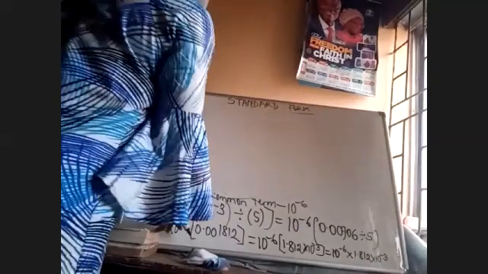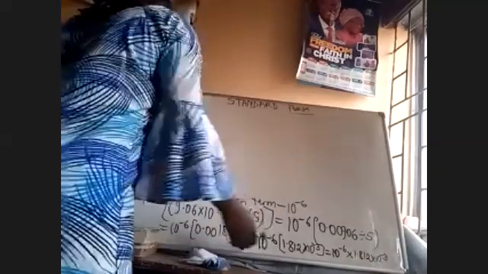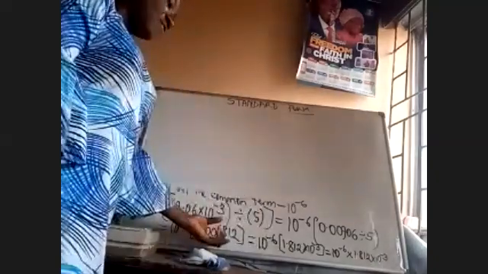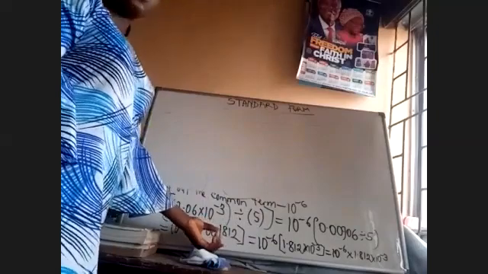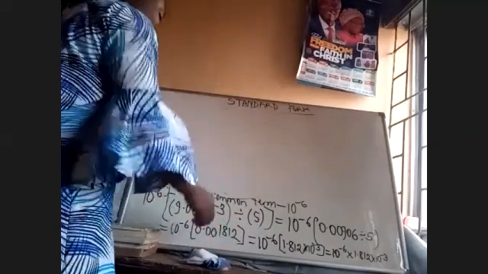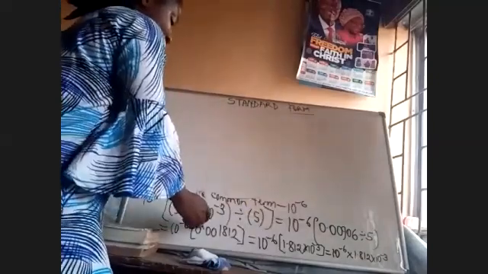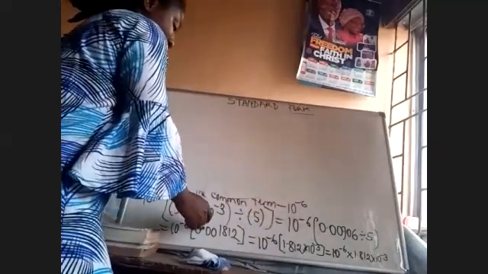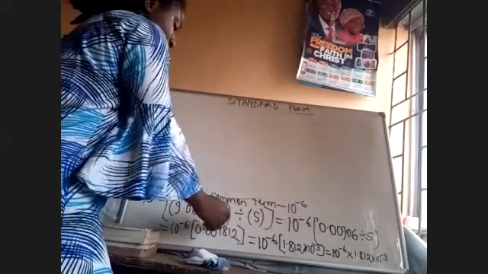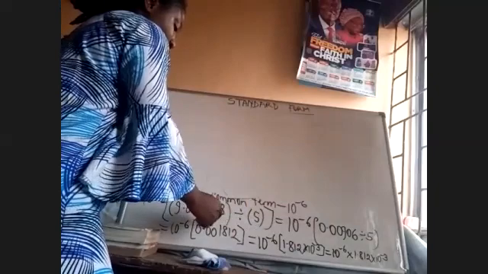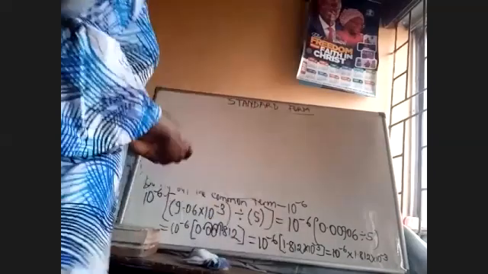So from here we have 10 raised to power minus 6. When we divide this, writing this in standard form, we have 1.812 times 10 raised to power minus 3. Like I explained last class, your power is determined by how many times the decimal point moves. This is from here moving to after 1, we have 1, 2, 3. That's what makes it 1.812 times 10 raised to power minus 3.